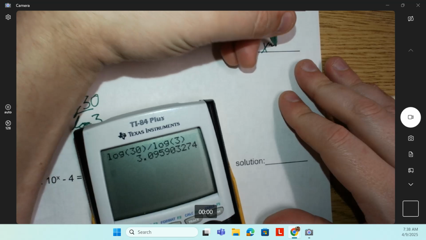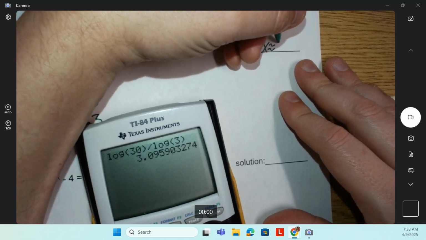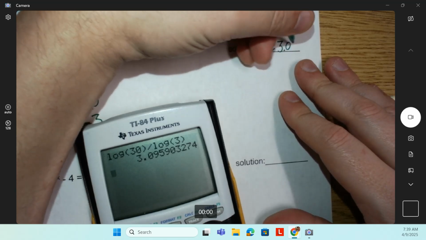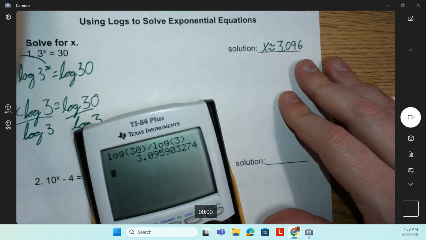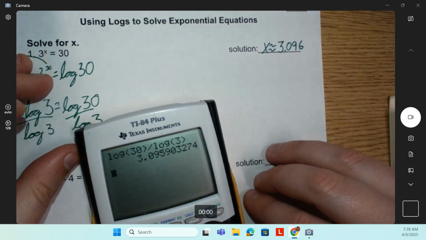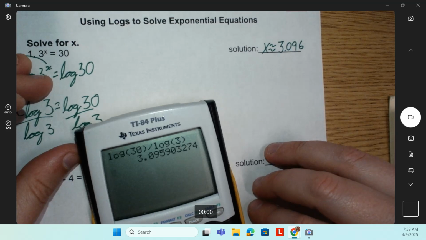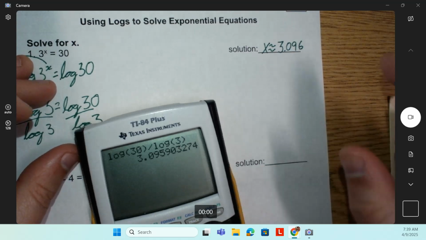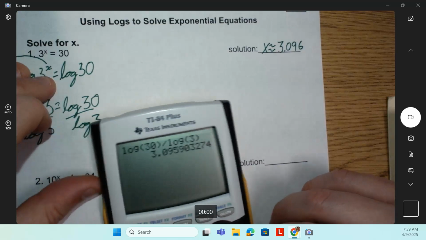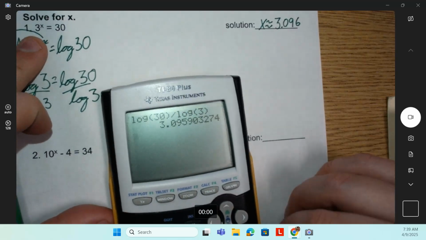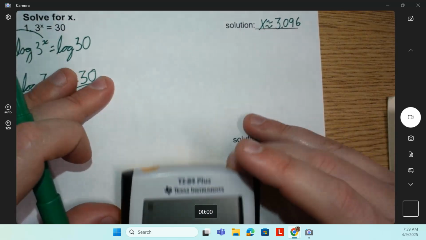So x is about equal to 3.096. If I raise 3 to the 3.0959 power, that's going to get me to 30. Okay, we'll look at a couple more.